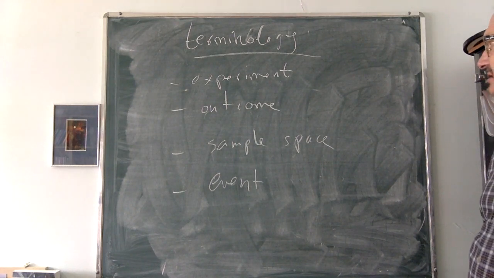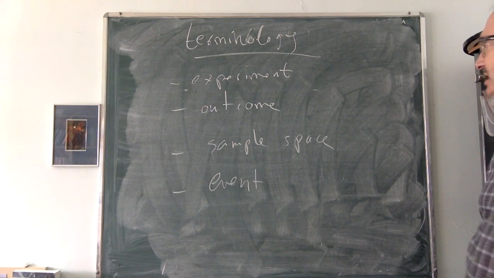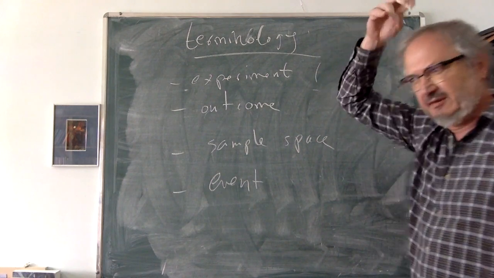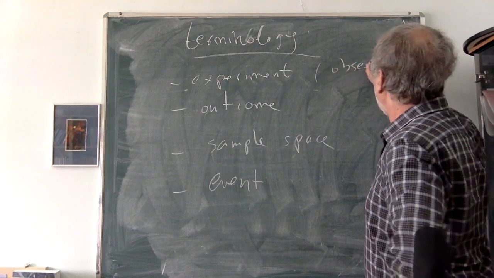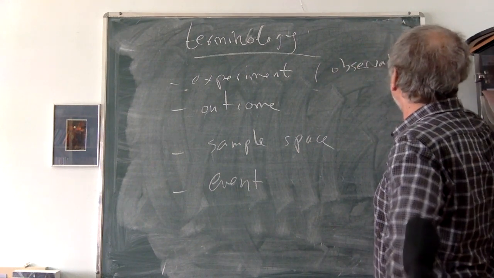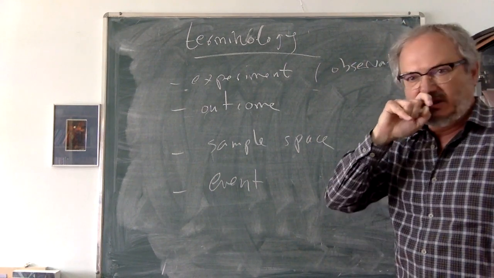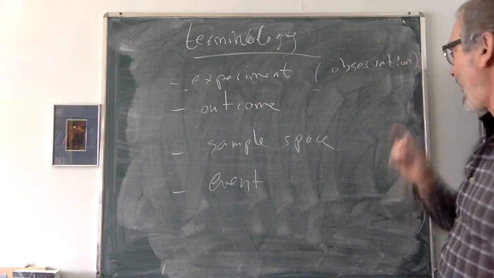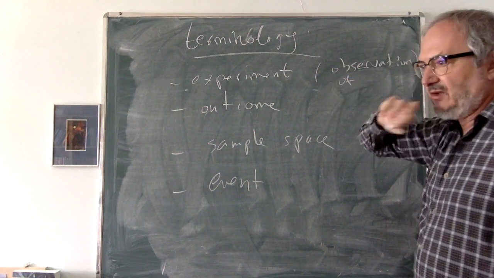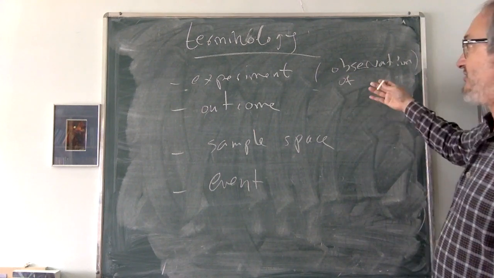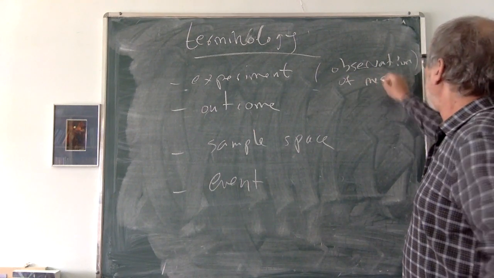So these are critical concepts in probability. Experiment means essentially observation of an event. And in case of frequentist theory, it's going to be observation of measurement.